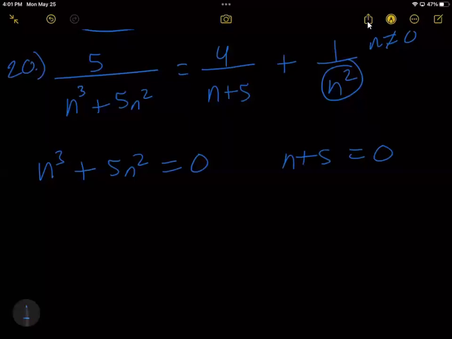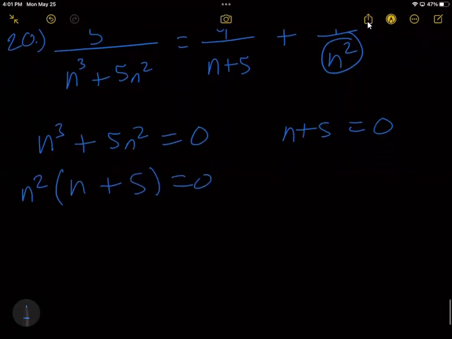So I'm just solving for what n would be. I can pull out an n squared here, which leaves me with n plus 5 equals 0. Then that's just n squared set to 0 and n plus 5 set to 0.